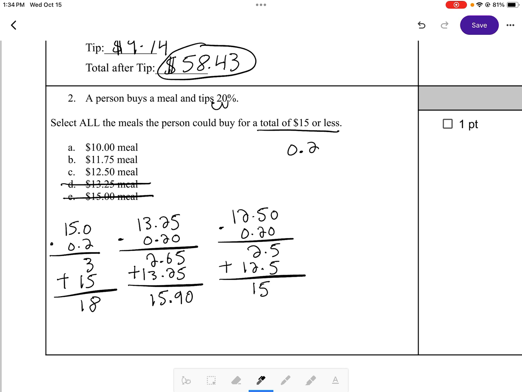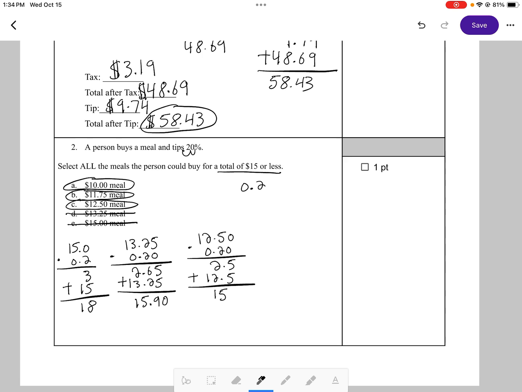Now it can be a total of 15 or less. So that would mean that C will work, which means all these subsequent problems, B and A, will also work because they are all less than 12.50. So A, B, and C is what we should have got for number 2.